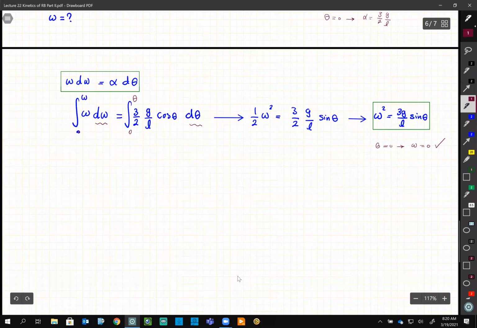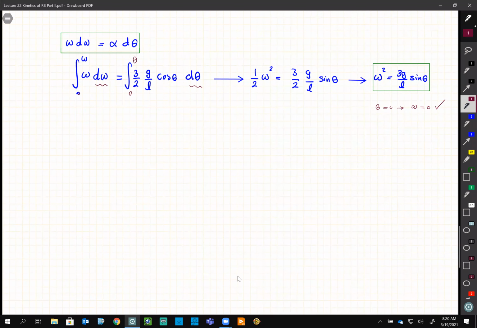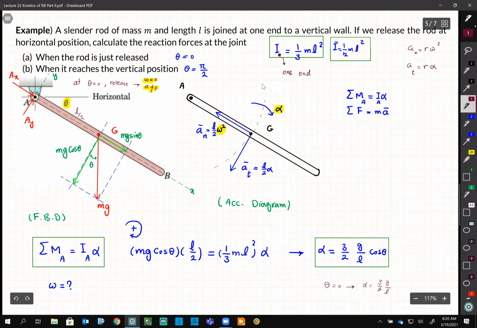So keeping that in mind, let's continue solving the problem. We successfully found omega. We have alpha and we have omega. It means, let's move back to the slide here, we know everything about this acceleration diagram. So we should be good to use the Euler formula.